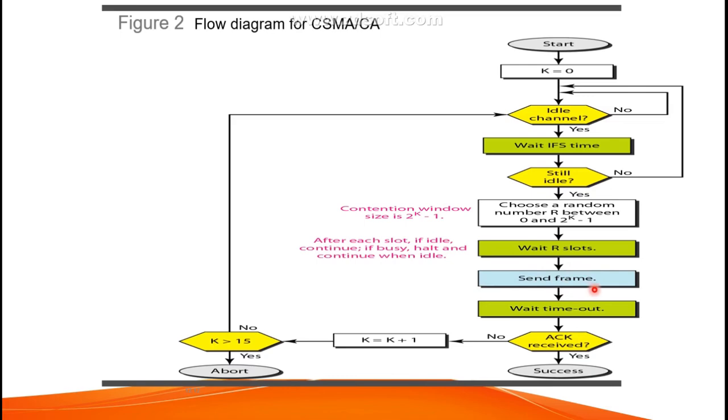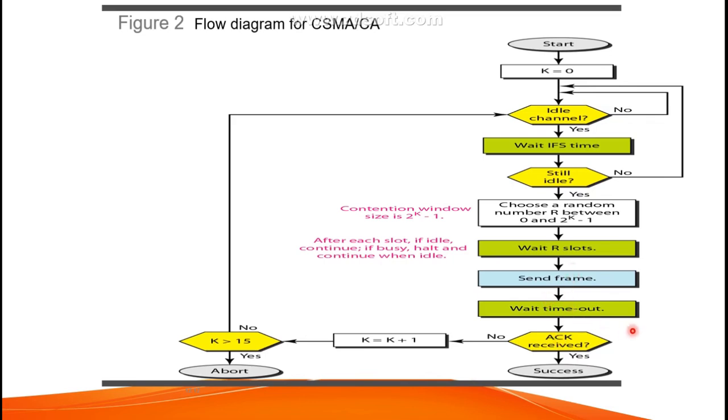And then it is going to start the timer and it is going to wait for that timeout period. If the acknowledgement has been received from the receiver, that is a clear to send. RTS and CTS are the frames which are used before actually transmitting your data.